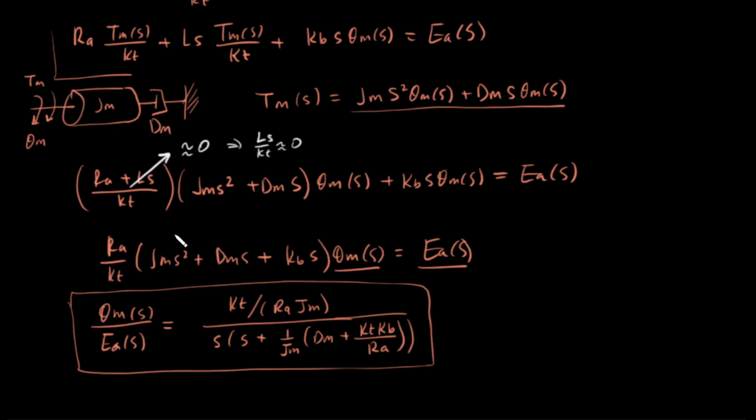And so, just like we've done before, instead of using Jm and dm in these equations, we can also replace Jm and dm with Je, the equivalent inertia, and De, the equivalent damping, if we have something connected to the motor.